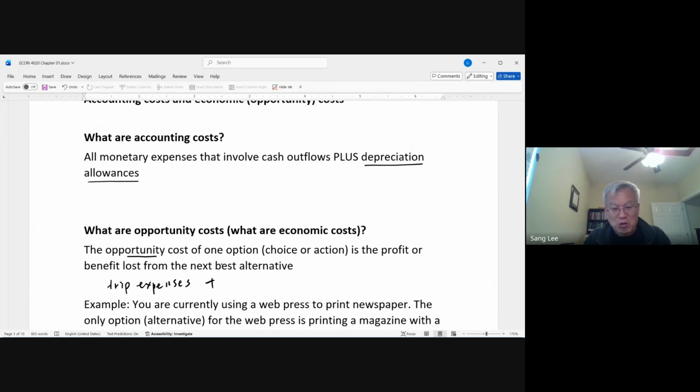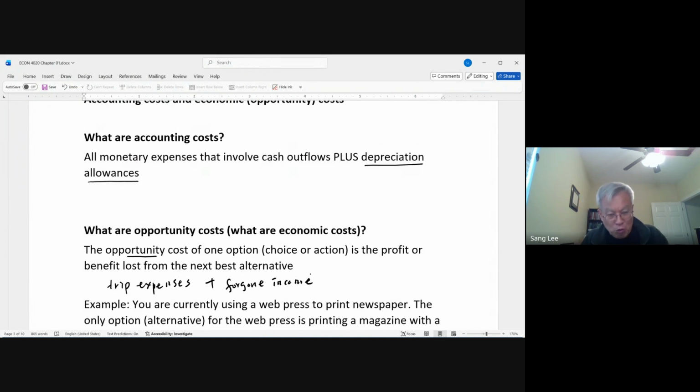Okay, if we assume that was the next best alternative you have, then the foregone income in case you join the trip is not only all the cash expenses that you have to incur for the trip, plus what other things do you have to give up?